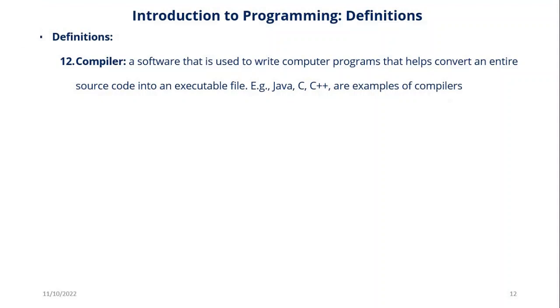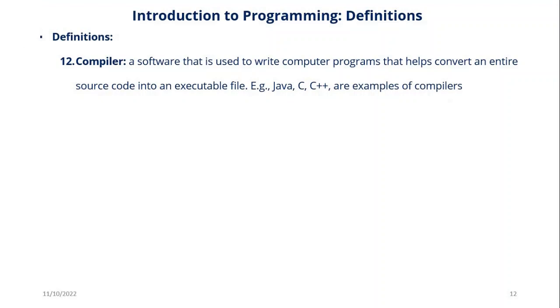But a compiler for a language like Java, C or C++ is going to read all the lines that you have from the beginning of the program to the end of the program. It doesn't matter whether there are 1 million lines. It will convert all of them to the language of the processor once and keep it as a file.